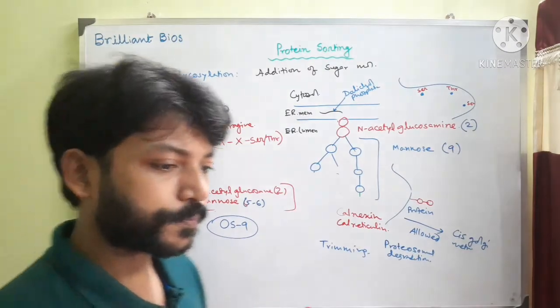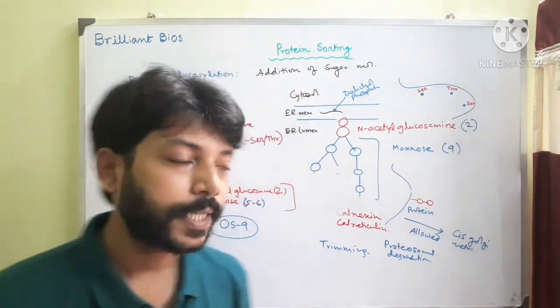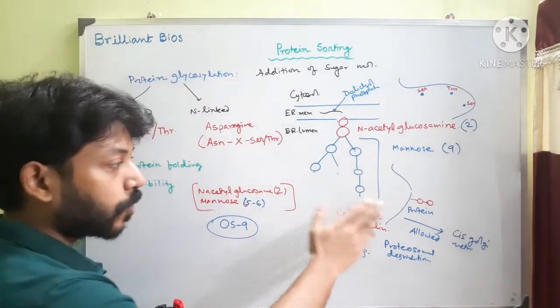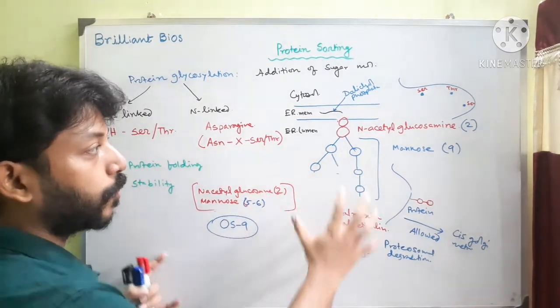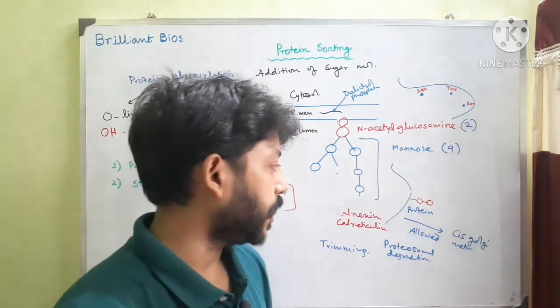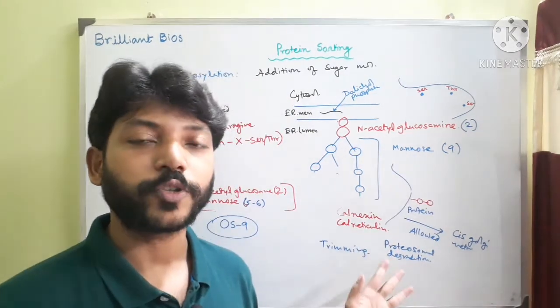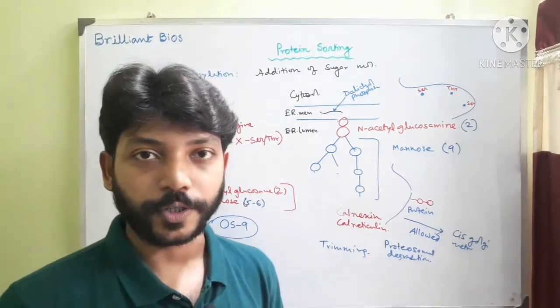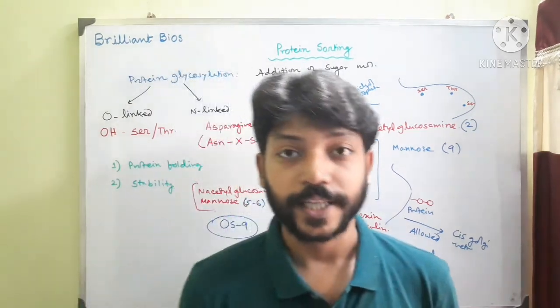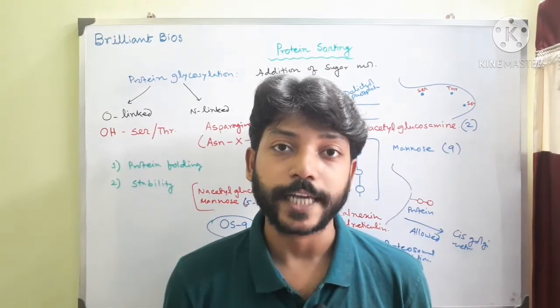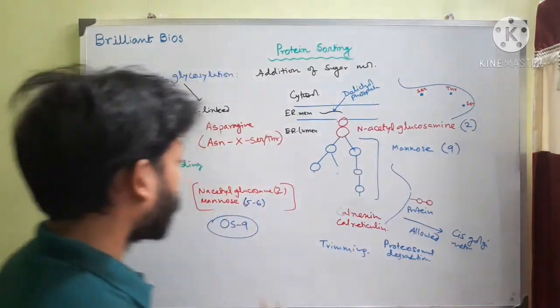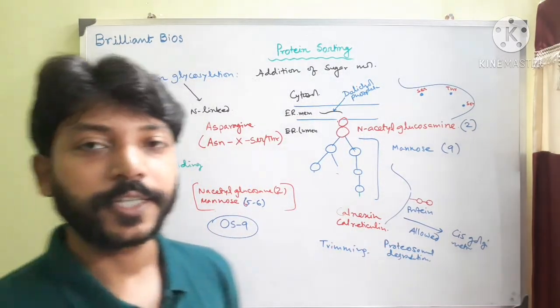If they cannot do the folding, then trimming occurs, glucose and mannose are trimmed, and this OS9 protein attaches to these molecules and releases this misfolded protein outside the endoplasmic reticulum. So in this way, by protein glycosylation, protein folding is checked. This is quality control, and the protein is very stabilized when it is glycosylated.